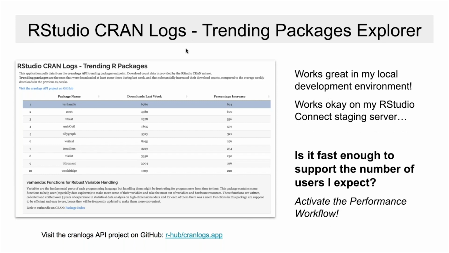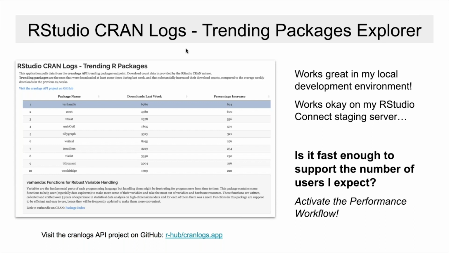So this app makes sense to me. I'm constructing this data as I go. I'm not thinking about scaling at this point. It works pretty great in my local development environment. When I push it to my staging server, it works okay, but I can already tell that there is some danger here.